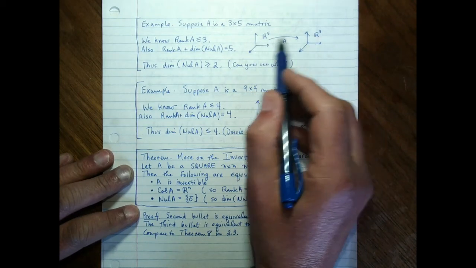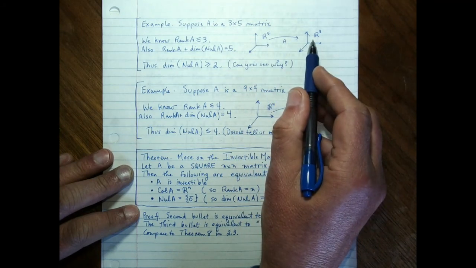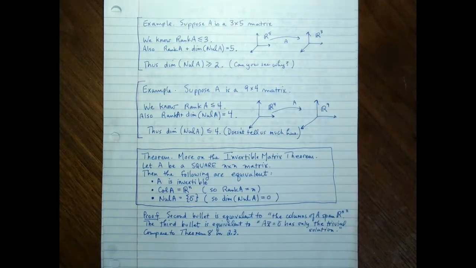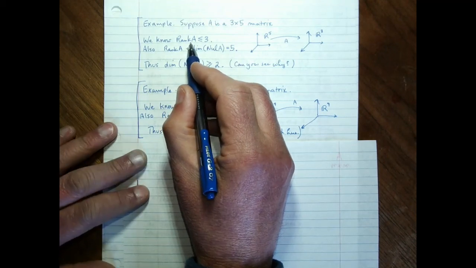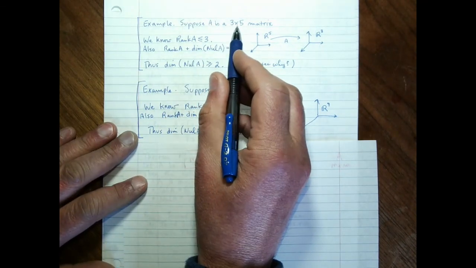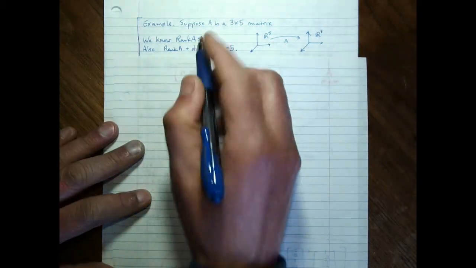We're taking vectors in R^5 and associating them to R^3. We know the rank of A has to be less than or equal to the smaller of these two dimensions. So rank A is less than or equal to 3.